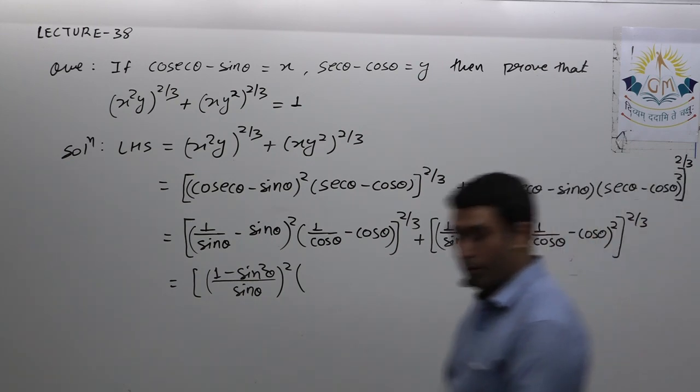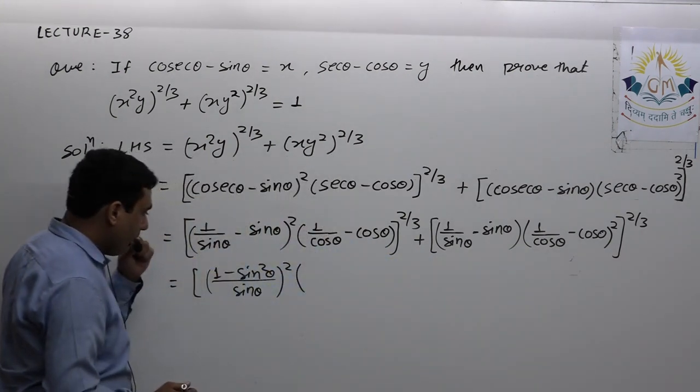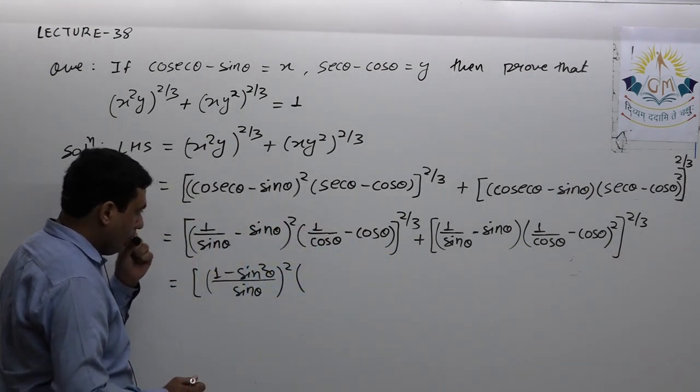Okay, now let us see how to solve it further. Here in the numerator we have 1 minus sine square theta whole square.